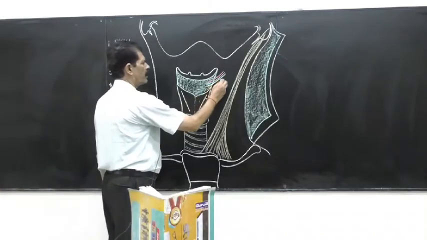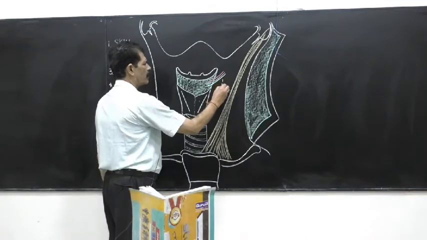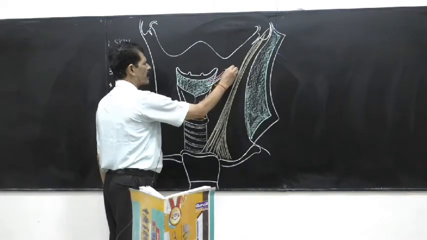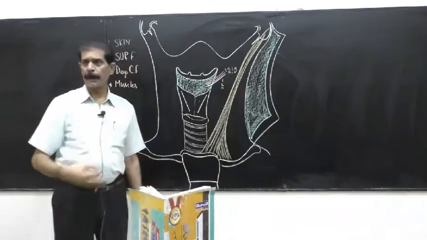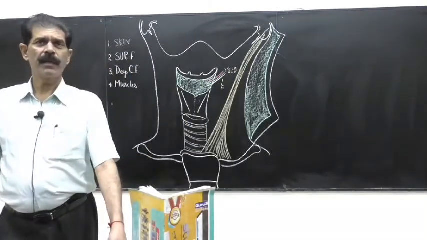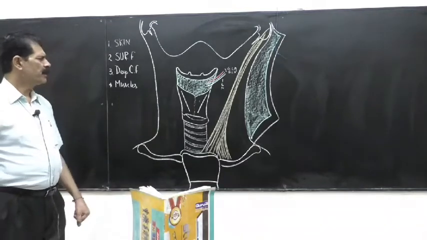The nerve is the internal laryngeal, and the artery and vein are the superior laryngeal artery and superior laryngeal vein. Always three structures pierce it and go inside the larynx. So always remember, the thyrohyoid membrane is pierced by three structures.